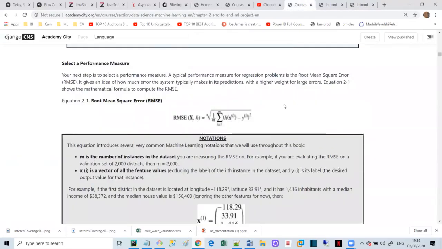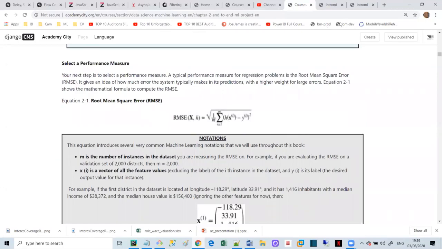It takes every point, how far is it from the line on the chart, takes the difference, squares it, sums them all up. That's what it means here, sum, and take the average. After I took the average, okay, I'm just taking the square root. That's why it's called root mean square error.